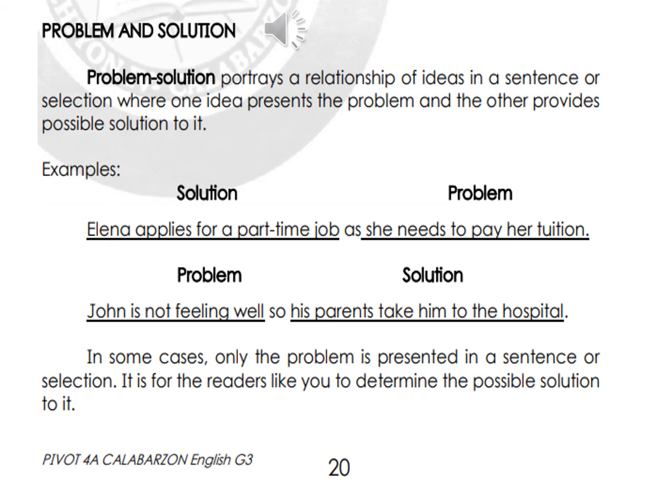Examples: Elena applies for a part-time job as she needs to pay her tuition. So the problem in this example is she needs to pay her tuition. And what did she do? She applies, or Elena applies for a part-time job.